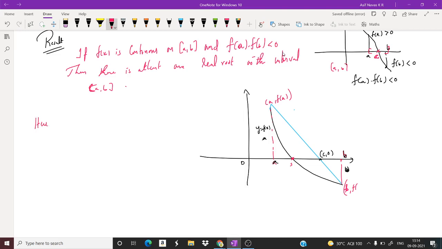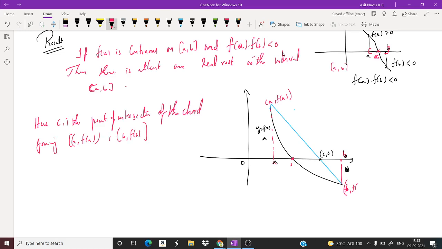Here, C0 is the point of intersection of the chord joining A, f of A and B, f of B.